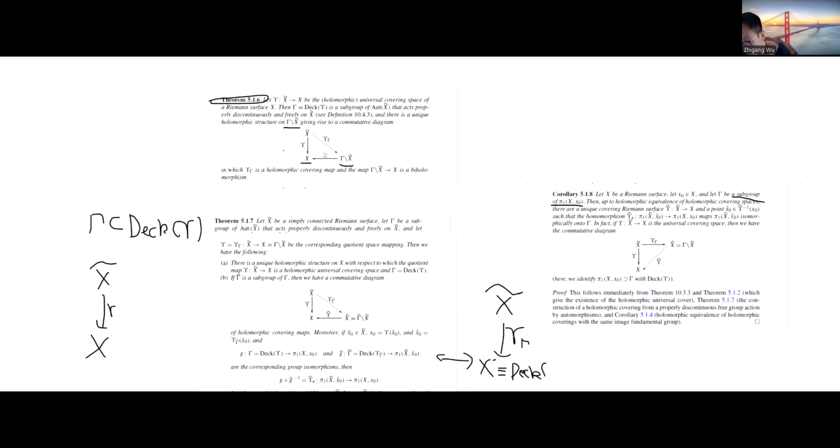Which is the deck transformation group of this gamma. So it's like X tilde quotient by the orbit of this deck transformation group.